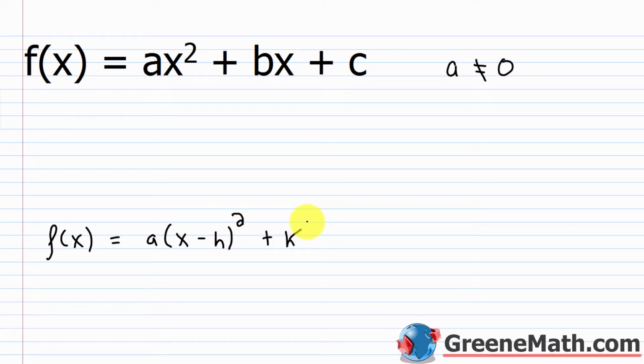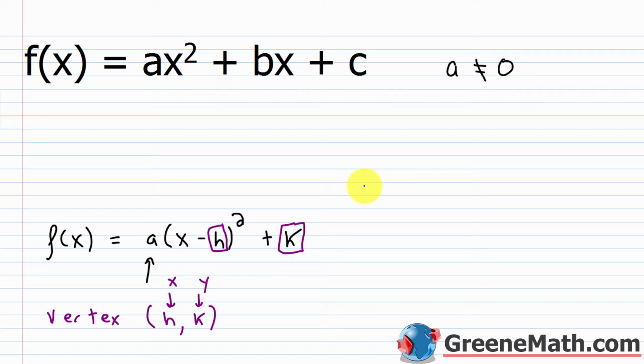So the reason we call this vertex form is that I can look at this function in this form, and I can immediately tell you what the vertex is. So the vertex here, the vertex will occur at the point h, comma, k, meaning whatever's here for h will be plugged in for the x coordinate, and whatever's here for k will be plugged in for the y coordinate.